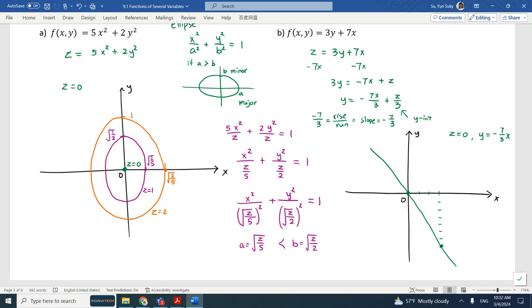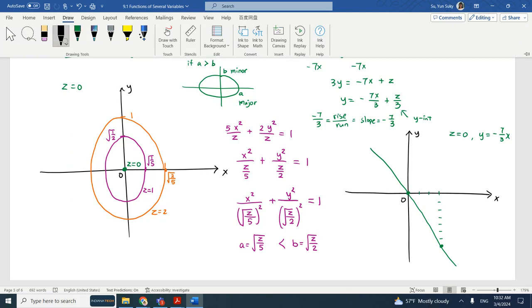Do you remember how to draw the line? You find the y-intercept. You look at the slope, and as run, go to the right. How many units? Rise is negative, so you go down 7 units. That is when z is 0. In this problem, we can actually pick integer points. What is the next z you pick? So you get integer points. 3. Awesome.